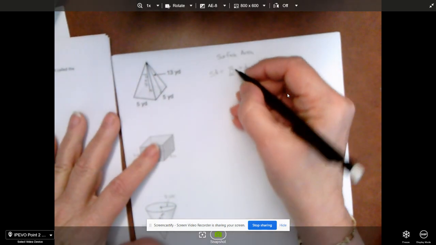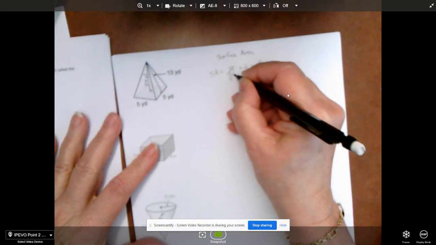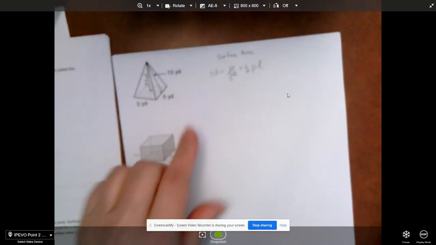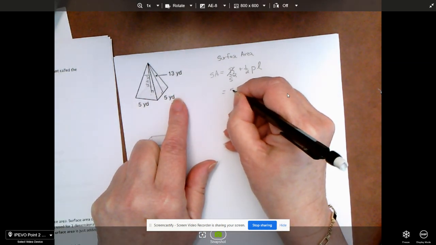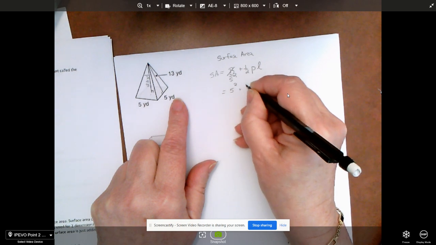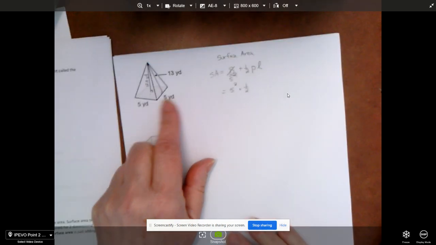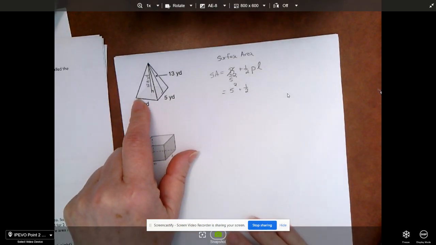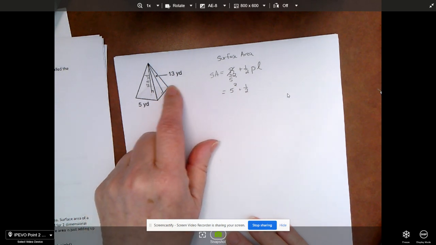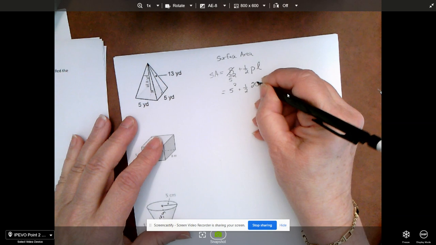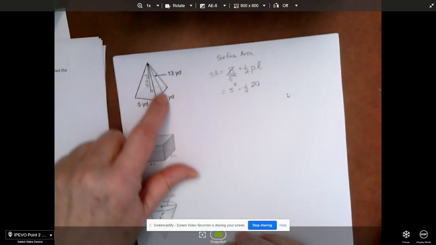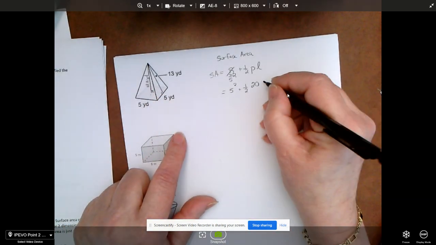So instead of area of the base, I can write side squared. Well, I know the side is 5, so this will be 5 squared plus 1/2 the perimeter of the base, which we did last time, right? 5 plus 5 plus 5 plus 5, so that would be 20, times the slant height, which is 13.